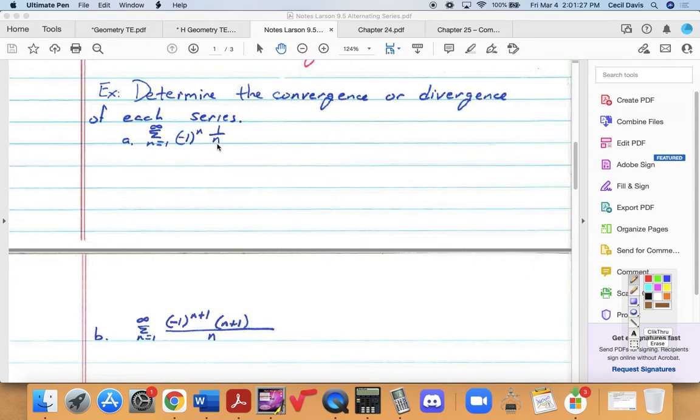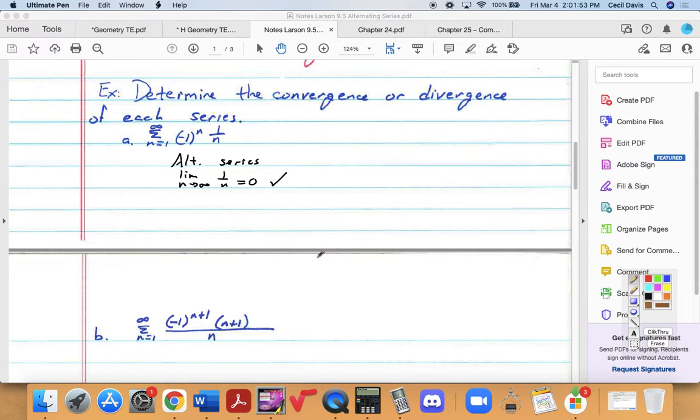All right. We want to just determine the convergence or divergence of each of these series. This is the alternating harmonic series. So this is an alternating series. We want to look at two things. Is the limit as n goes to infinity of 1 over n equal to 0?